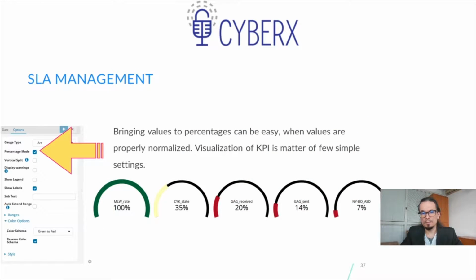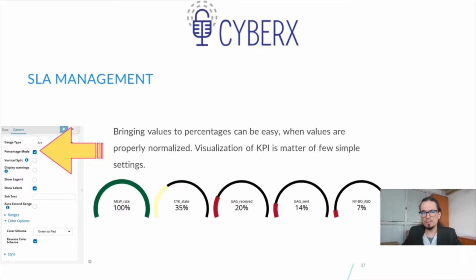The specific thing for KPIs is that we don't always know exactly what thresholds they have. So if the KPI has a value of 1 million, is it good or is it bad? How to present that?